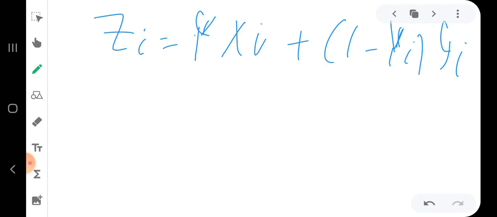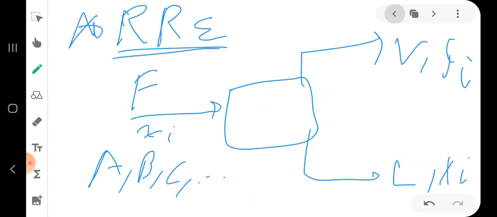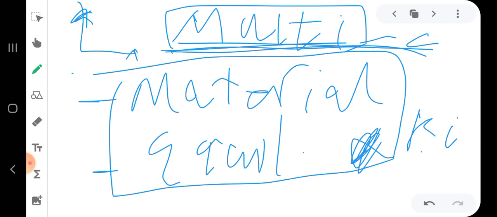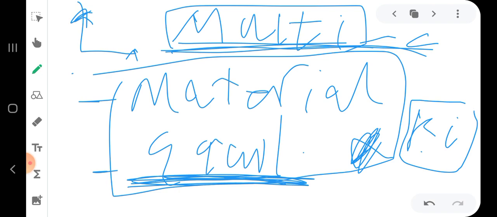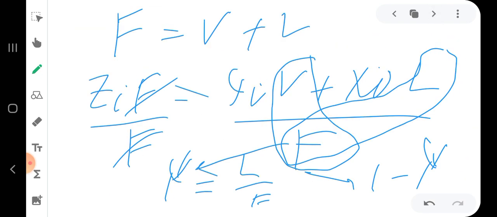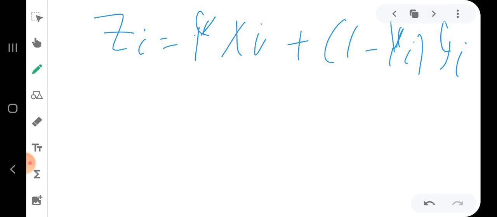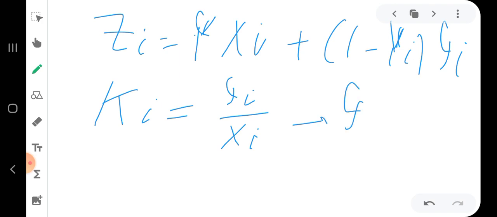Now let's introduce the other relation, which is the equilibrium relationship. Let's assume that we have a constant distribution coefficient. So the distribution coefficient is Ki equal to yi over xi, or in other words, yi is equal to Ki xi.